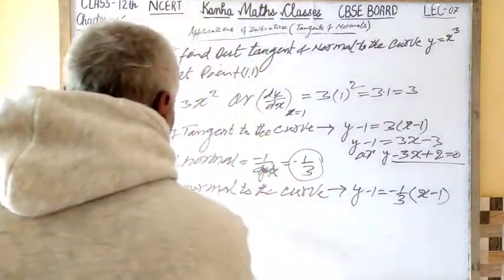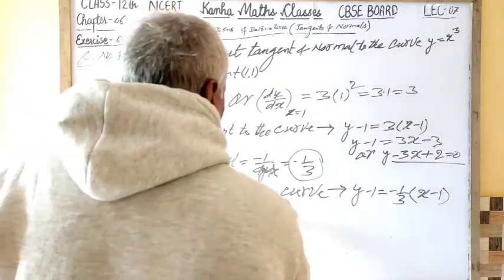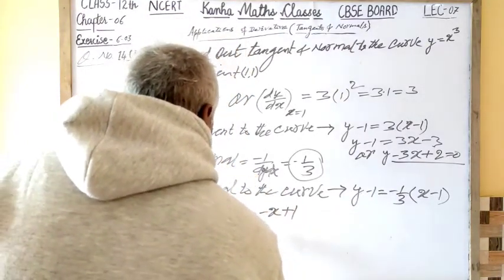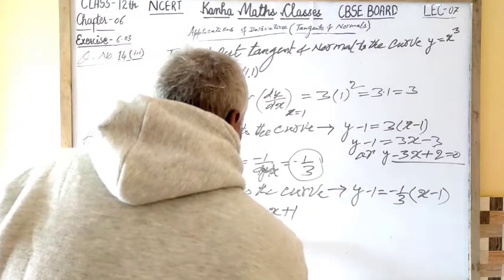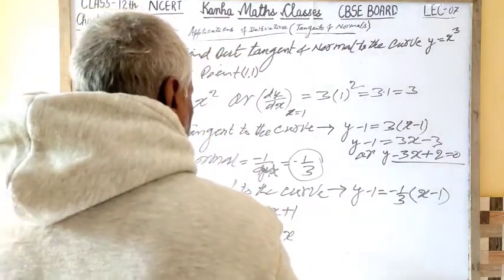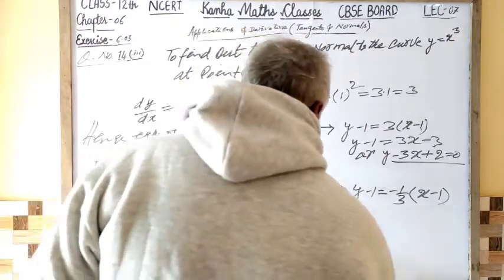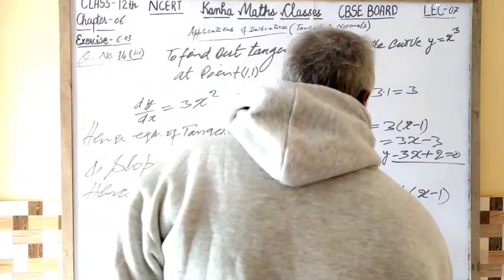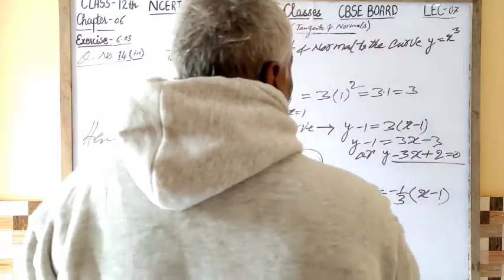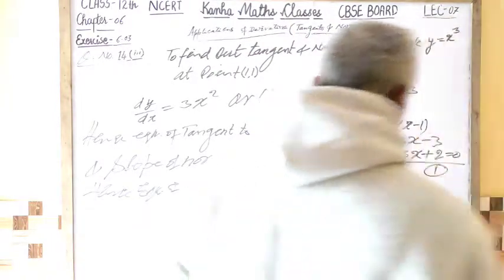Multiplying by 3, we have 3y minus 3 is equal to minus x plus 1, or 3y plus x minus 4 is equal to 0. This is the equation of normal, and the other is the equation of tangent. Hence, this is the requisite answer.